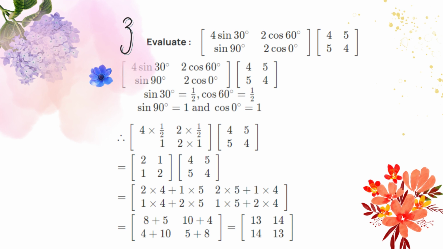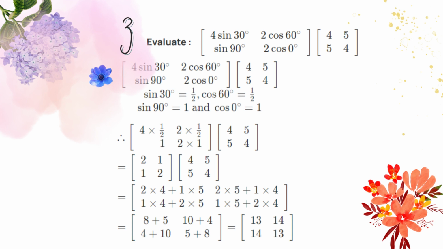So, sin 30 is equal to 1 by 2, cos 60 is equal to 1 by 2, sin 90 is equal to 1, and cos 0 is equal to 1. So we get the matrix 2, 1, 1, 2 times 4, 5, 5, 4.